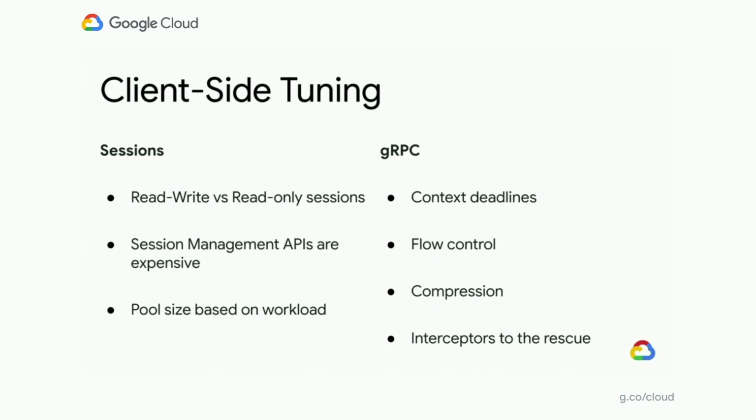On the gRPC front, we always need to ensure to set appropriate deadlines on the gRPC context. We also learned that commit should be given more time to finish compared to other operations. For flow control, gRPC streams are bidirectional streams and are mapped to HTTP2 streams.